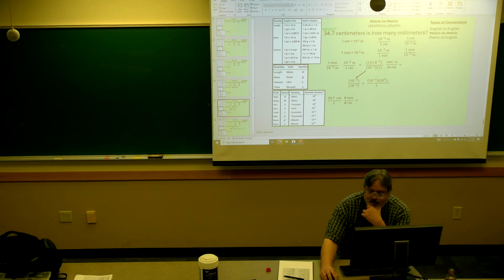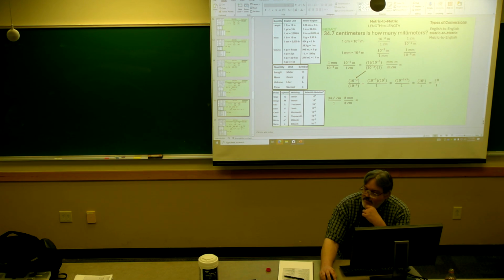That's the step I did between there and there. And then, of course, the math you do here is just simple arithmetic on the superscripts, the exponents. So ultimately you have 10 to the negative 2 plus 3, which is 1. So what I'm down to here is 10 to the 1.